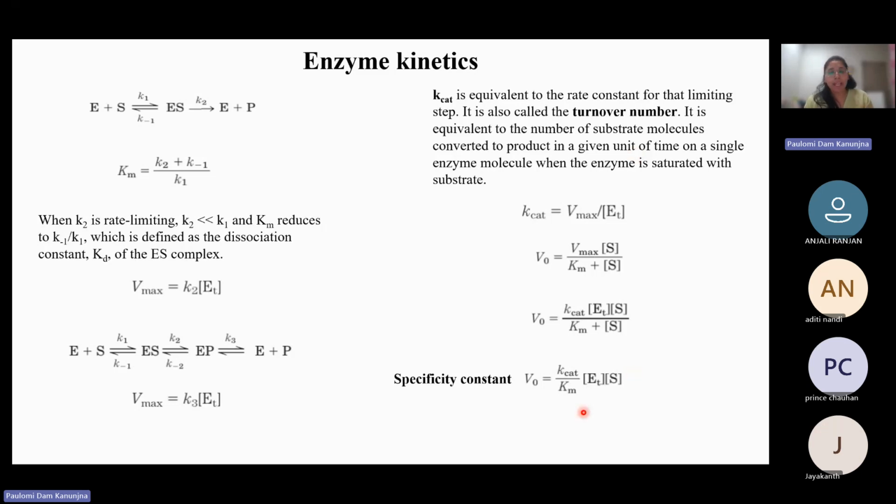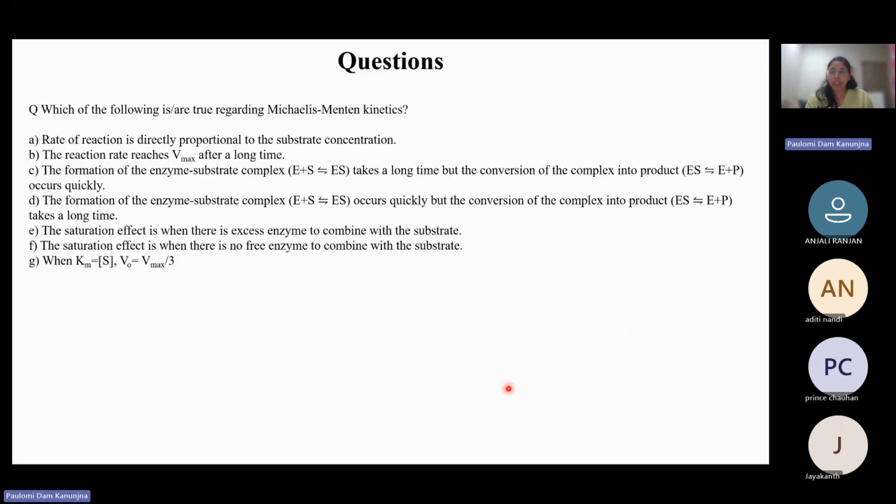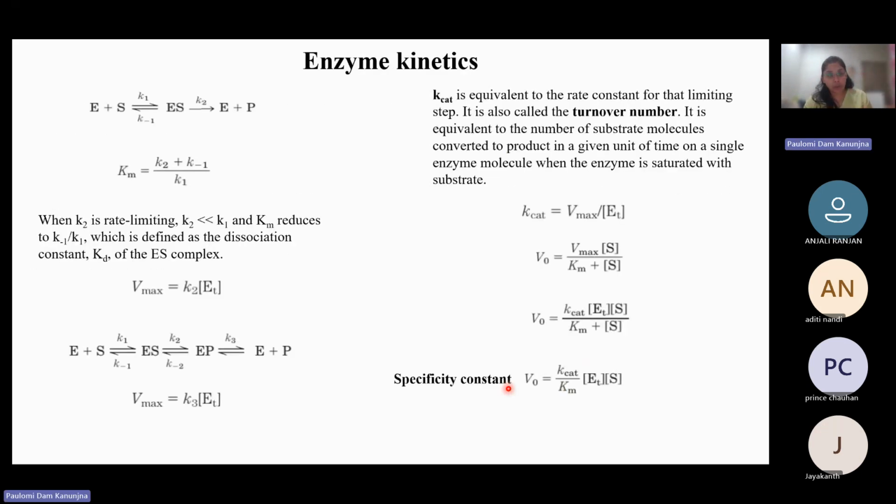And each enzyme has its own catalytic efficiency and Michaelis-Menten constant, which gives, overall, the specificity constant, right? Okay, so these are all equation derivations and a lot of terms that you need to know. So kcat, km, vmax, et, k2, all these you should remember, and with more numericals this will become clearer to you.